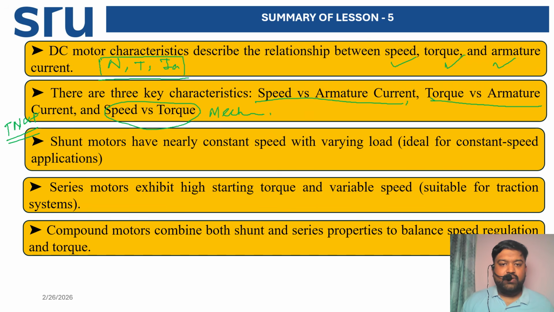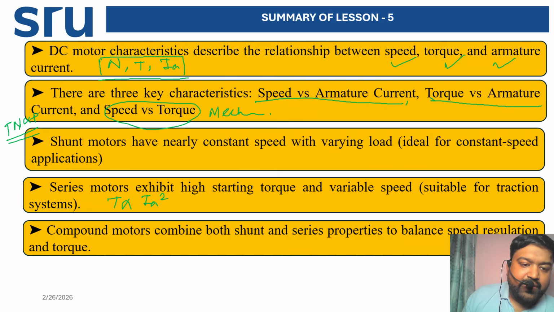The second thing is that the series motor exhibits high starting torque and variable speed, suitable for traction systems. Why high starting torque? Because we obtained the relation that torque is directly proportional to Ia squared. That's why we get high starting torque in the series motor, and it is suitable for the traction system, such as electrical trains and electrical drives.